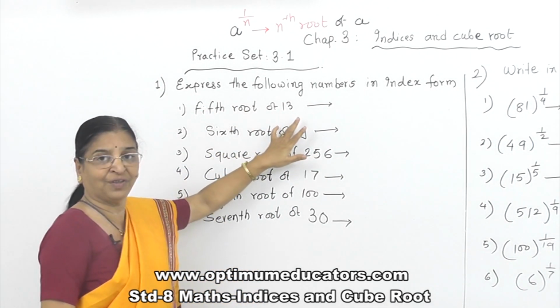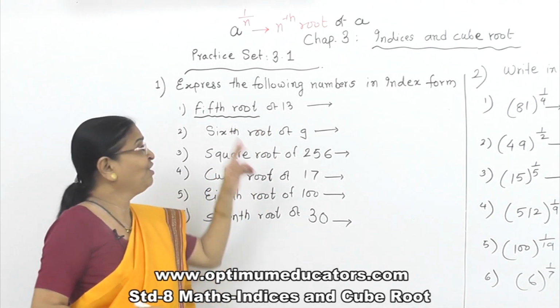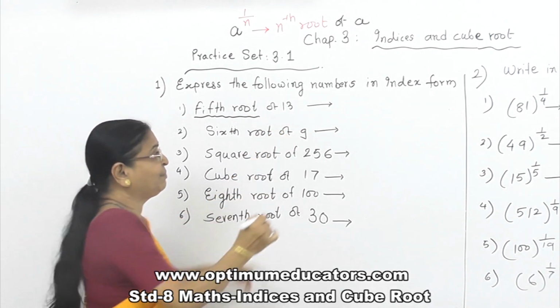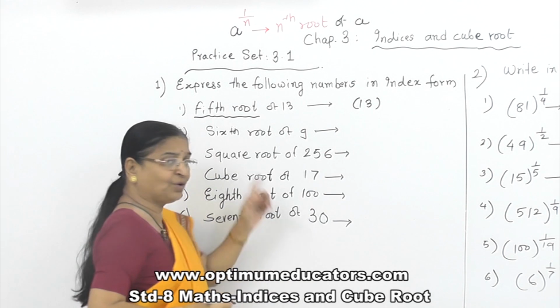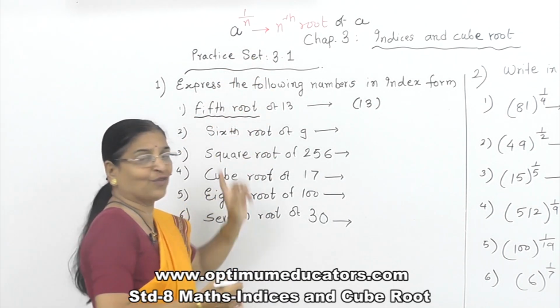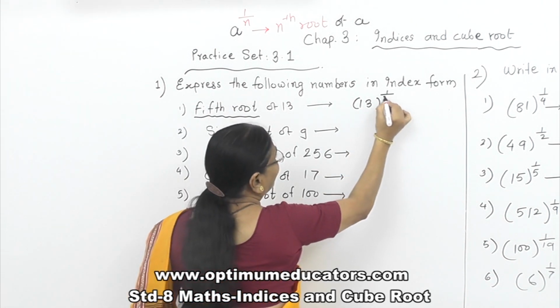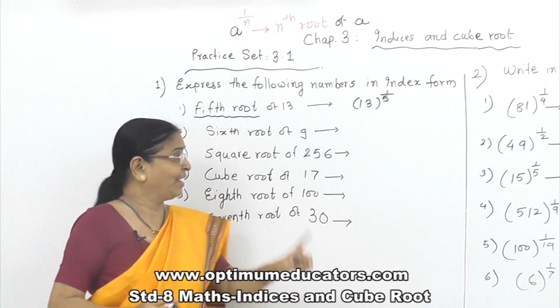Fifth root of 13. So we will find out which root is there. Fifth root of which number? 13. So base is 13 and the fifth root, see here, the n is in the denominator, so 5 should also be in the denominator. So 13 raised to 1 upon 5.